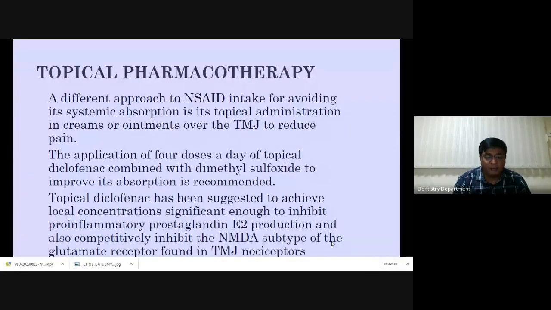So you instruct the patient to use it judiciously, otherwise the skin will tan, which gives an ugly look for those patients. So you instruct them, but this is very, very effective instead of oral pharmacotherapy.